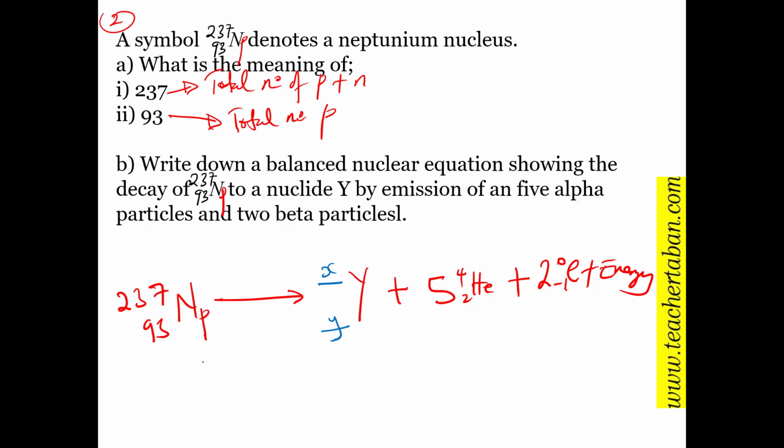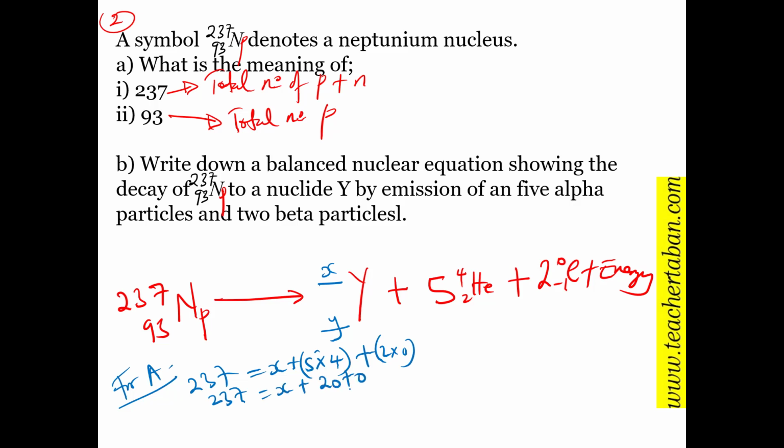So what I need to do is to use our rules. Atomic mass: for the atomic mass, they must balance. 237 must be equal to X plus 5 times 4, and then plus 2 times 0, which is the same as 237 equals X plus 20 plus 0, implying that my X will be equal to 237 minus 20, which gives me 217.